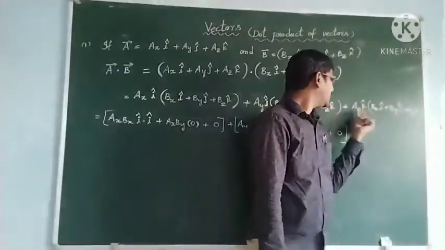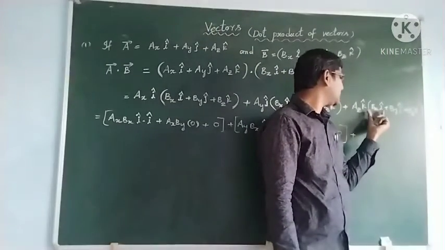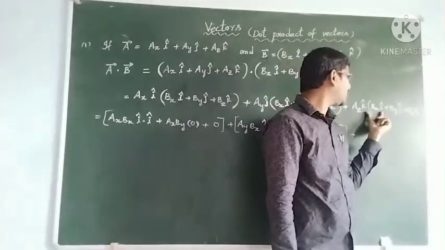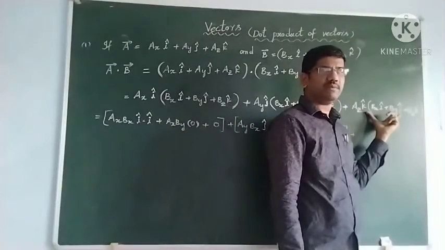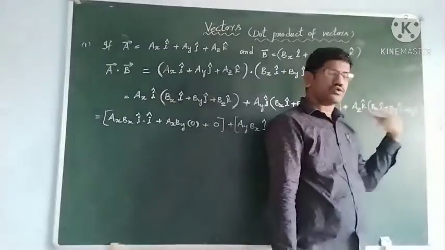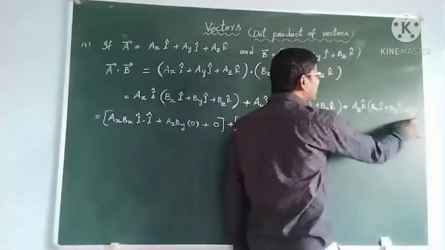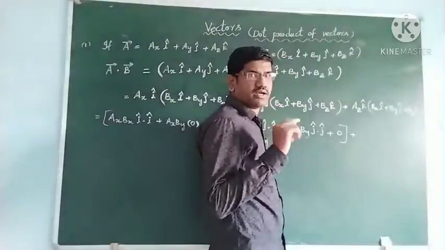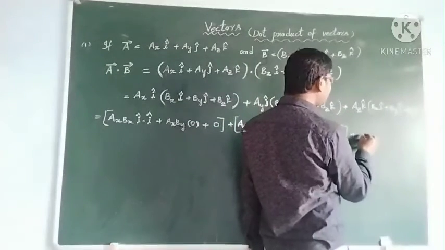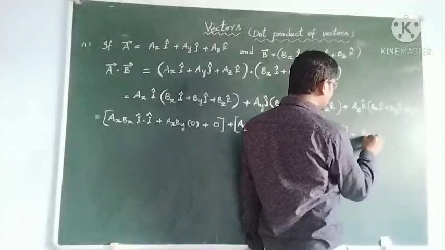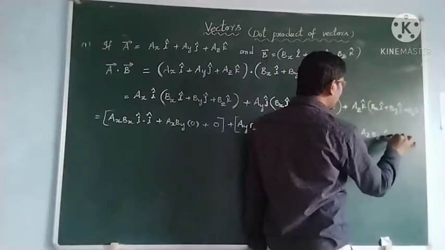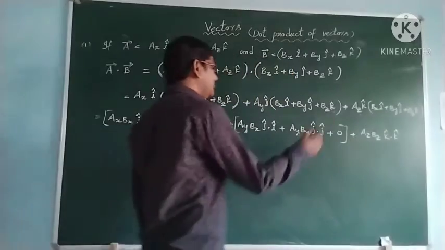Okay, so Az into Bx, K cap into I cap, K and I are perpendicular vectors, the dot product will be 0. K into J perpendicular vectors, the dot product will be 0. K into K, only that is allowed in the dot product, K dot K is equal to 1. In the previous class we have seen that. So we will get here Az into Bz into K cap dot K cap, and the remaining will be 0.